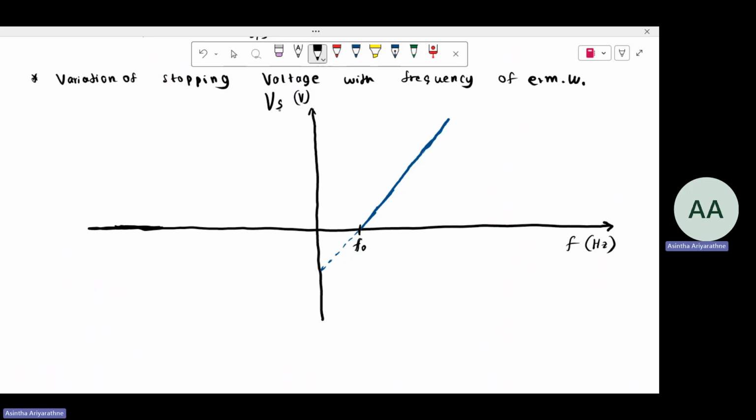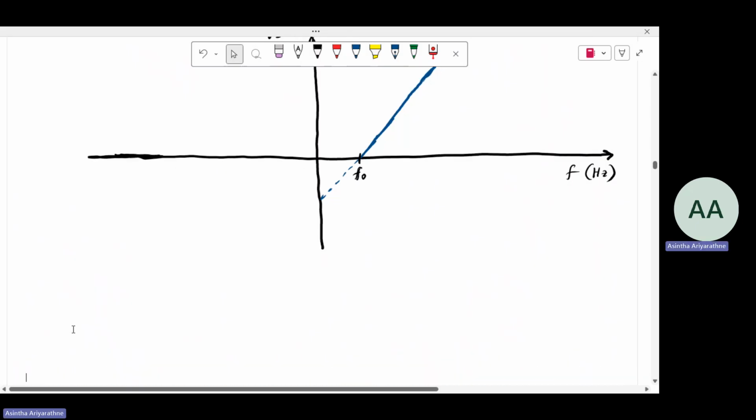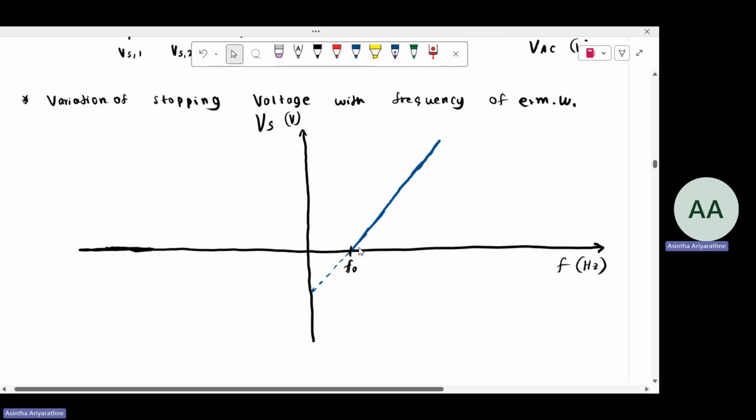Right? Notice threshold frequency is where the stopping voltage is zero, which means if electromagnetic waves having f naught frequency are directed onto the metal plate, it would emit an electron having zero kinetic energy.